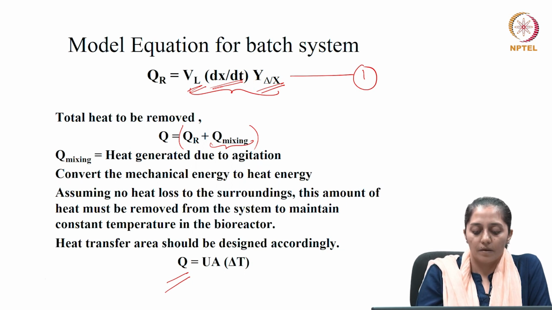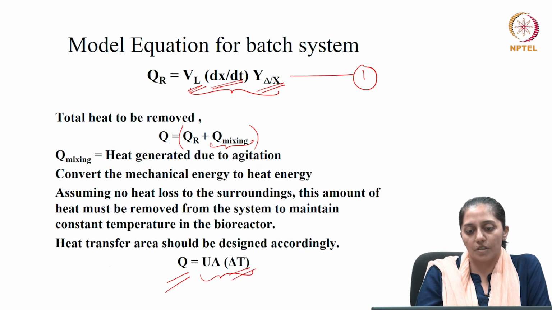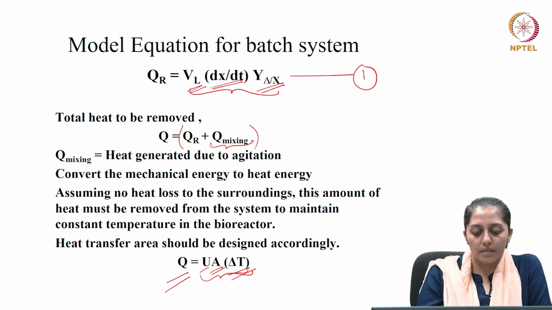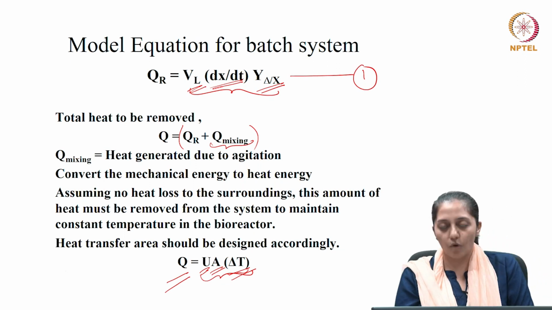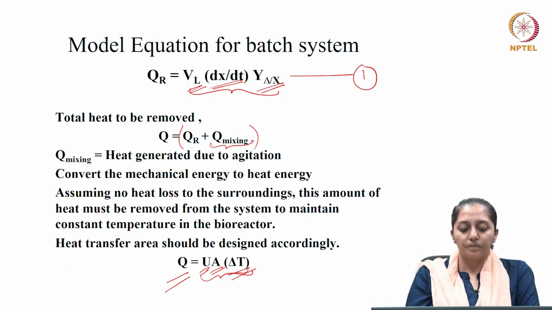So, for the cooling system, we need to determine what should be the driving force, which means which coolant at what temperature it should be run. It is dependent on the temperature difference between the coolant and the fermentation medium, the surface area of the heat exchanging device, and the total heat transfer coefficient, the overall heat transfer coefficient.